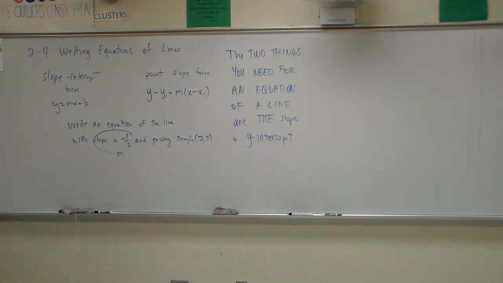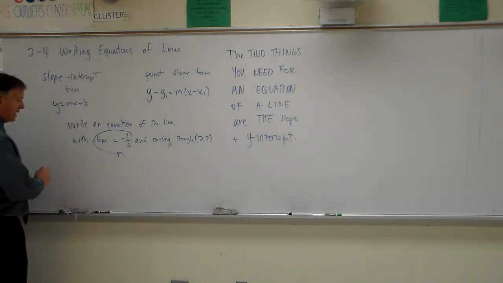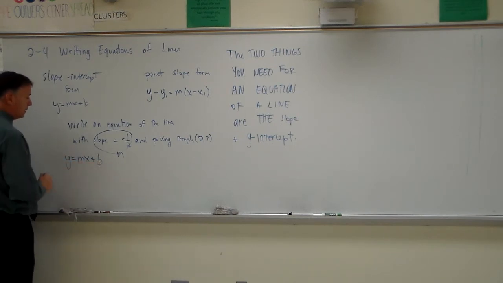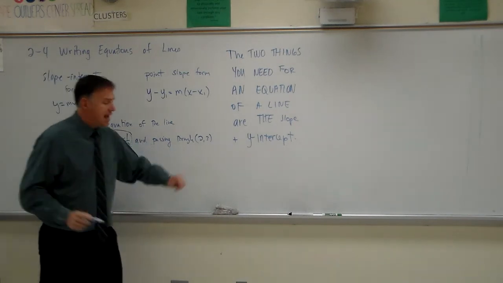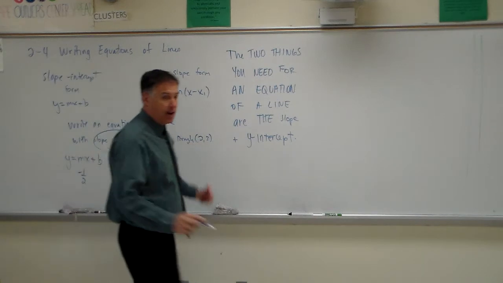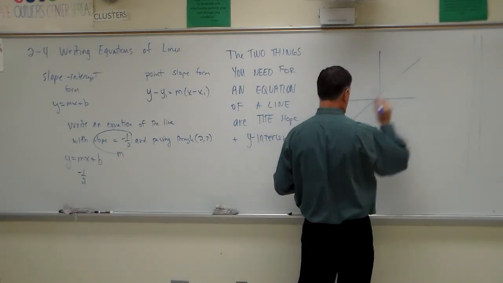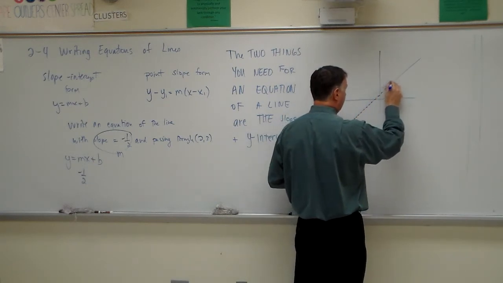And the way that we find it is using our slope-intercept form equation. So I'm going to write that down. Y equals mx plus b. My slope is -1/2. Now, they give me one x and one y that works for this. When you have an equation, you have an infinite amount of points that go on that line.